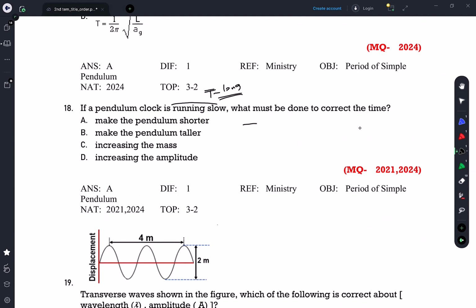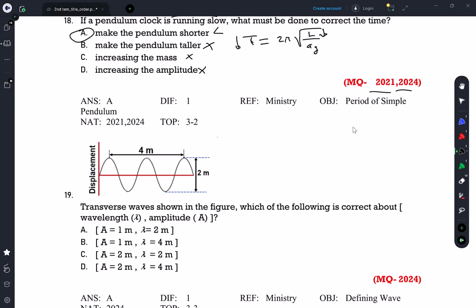So use the period of the pendulum equation, 2 pi root of L over g. If you want to decrease the period, the length must be decreased. So make the pendulum shorter, yes. Mass does not affect the period, and amplitude does not affect the period. So it is A, and this question has been asked several times and repeats again.